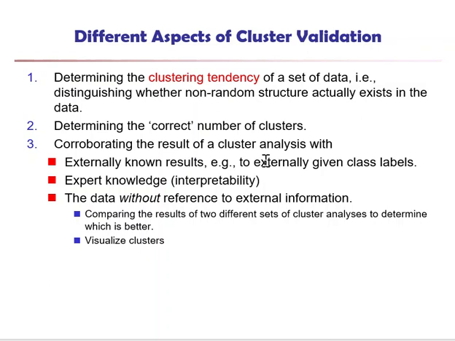You want to test if experts use color labels consistently, and you actually have the labels. So that's a very good way to test whether the clusters that you generate using the RGB values actually represent different colors, matching the color labels. So that's one source, external known results.